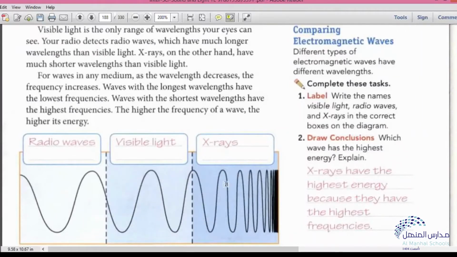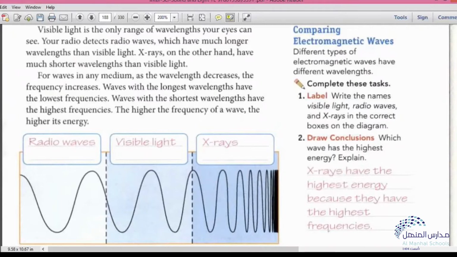For example, on the left side we have radio waves, and in the middle we have visible light. This is not the complete pattern, of course, it's not the electromagnetic spectrum. These are just samples, and we have X-rays. X-rays have the highest energy between these three only. We are speaking about only this part, not all the electromagnetic spectrum, because they have the highest frequency.